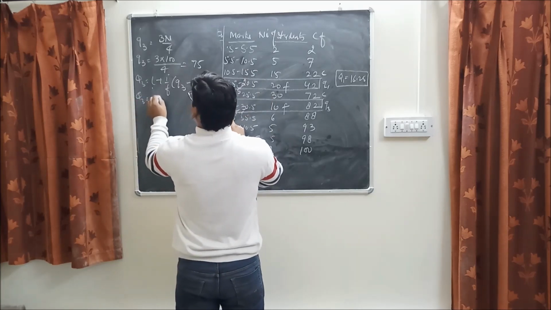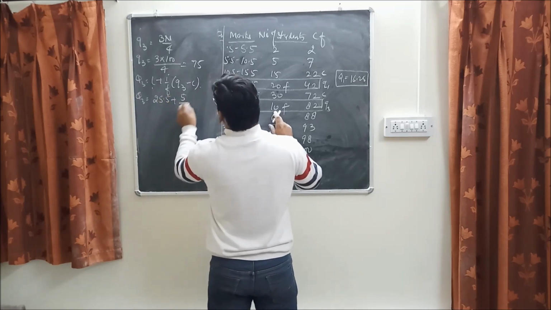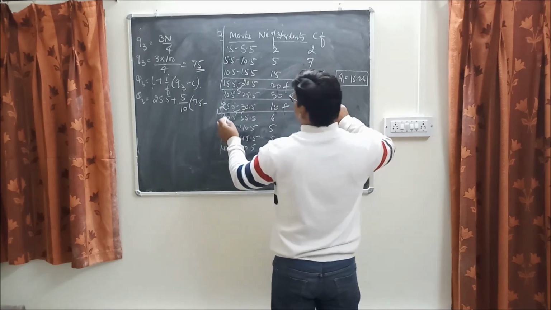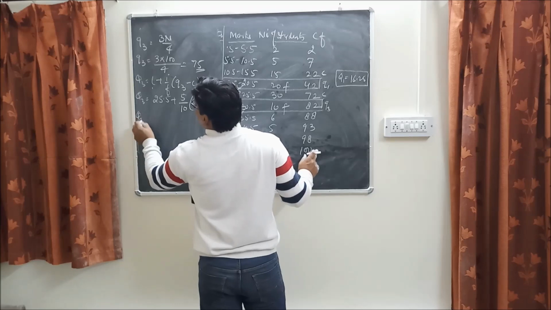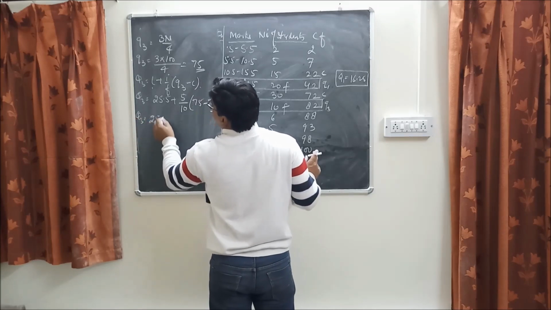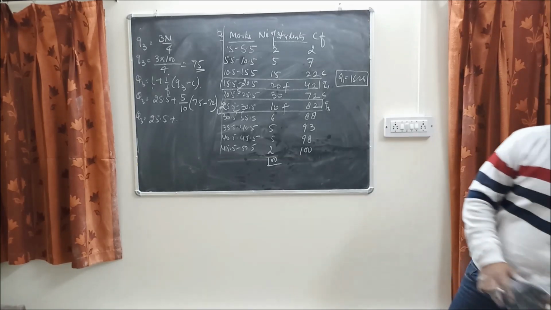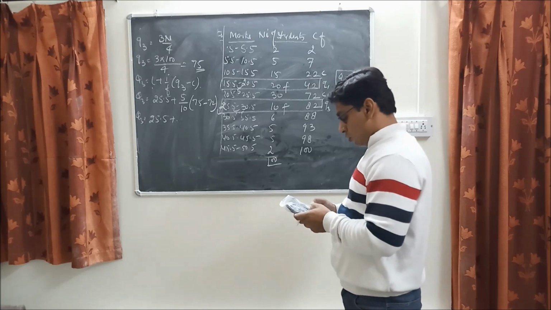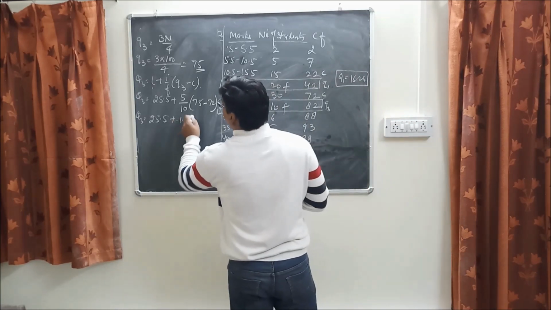Q3 equals L 25.5, I 5, F equals 10, Q3 75 minus C 72. So Q3 equals 25.5 plus (75 minus 72) into 5 upon 10, it is 1.5.